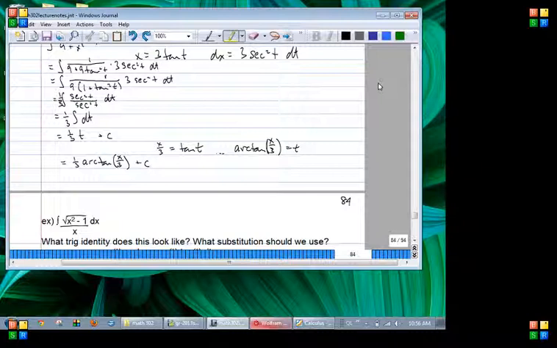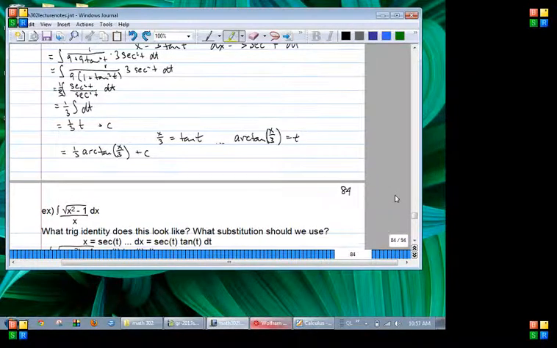Or what can we replace? So it's exactly that. In this case, we can actually use the same identity, but we're rewriting it so that we have secant squared minus 1 is going to equal tan squared. So that's the substitution.